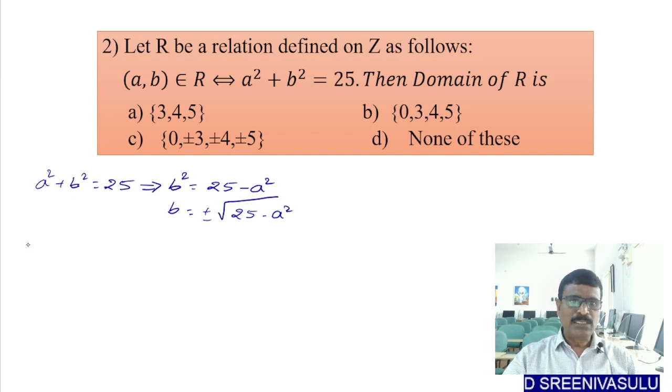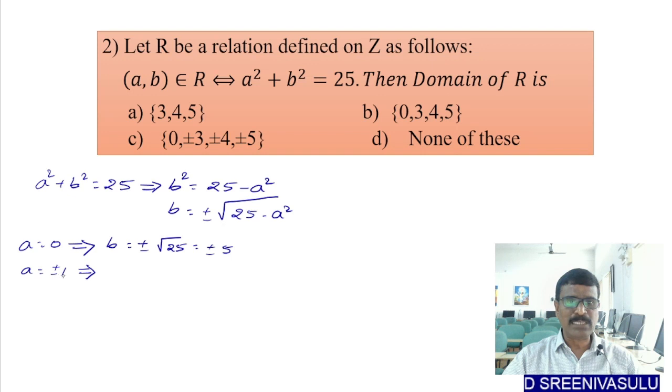Suppose a is equal to 0, then b is equal to plus or minus root 25, which is equal to plus or minus 5. Suppose a is equal to either plus 1 or minus 1, because a square is equal to 1 only.